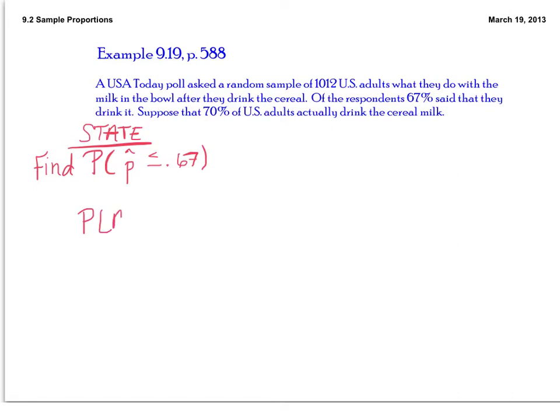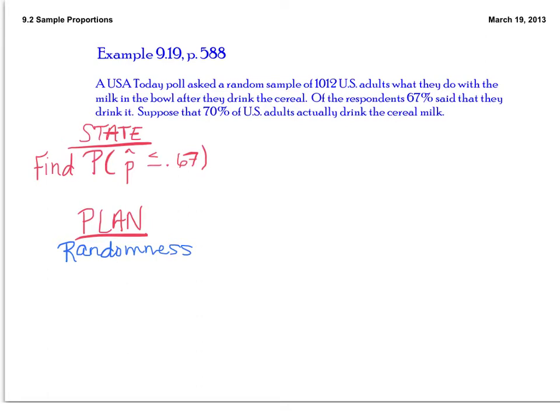In the planning phase, we want to make sure that we verify all conditions that must be in place in order for our results to be valid. These conditions will be verified over and over again throughout the next 4 or 5 weeks. So the first one is that we have some form of randomness, either in the selection process of our sample or in the assignment of treatments in experiments.